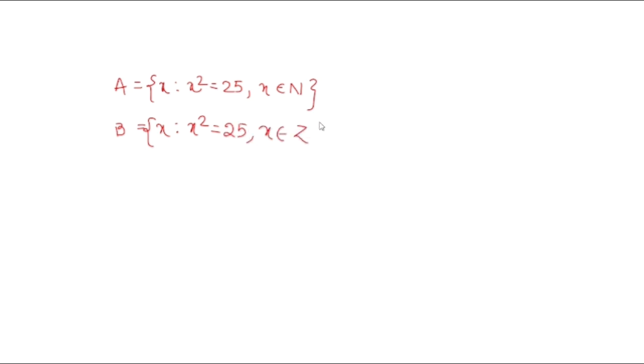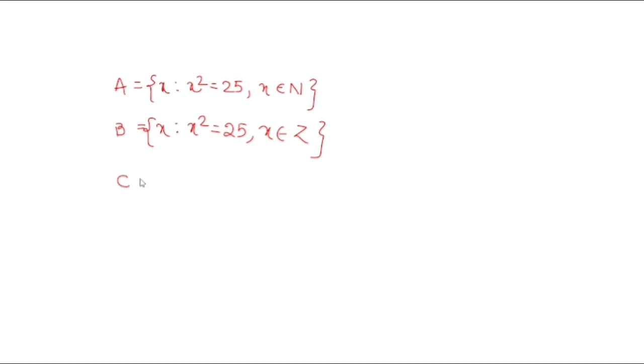I am leaving you with 3 questions. Try to solve them and I will give the answers in the next class. Let A be a set of x such that x square equal to 25 and x belongs to natural numbers. B equal to x such that x square equal to 25 and x belongs to integers.